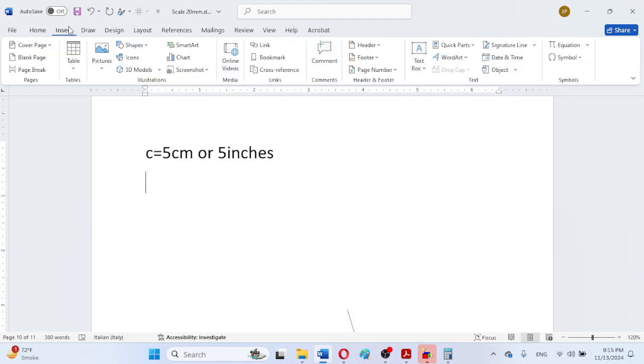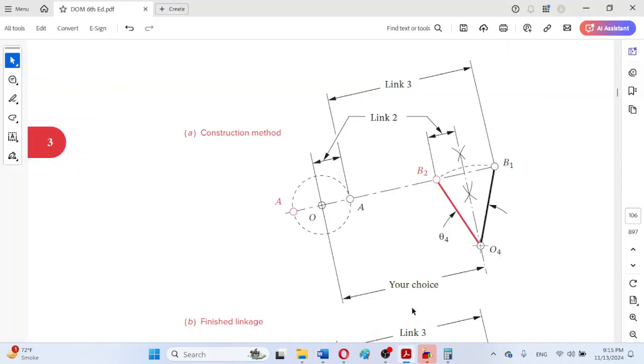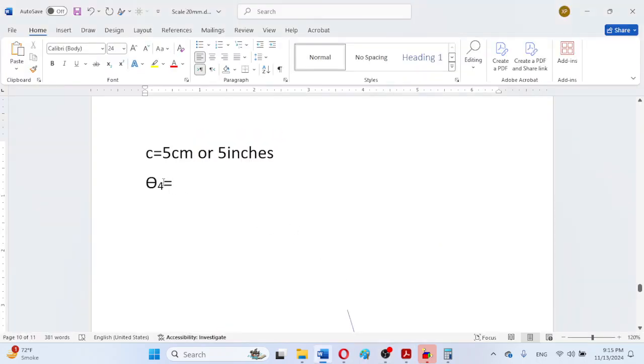So for example, we can insert symbol here, theta subscript 4, because 4 is actually the subscript or digit used for the rocker output or rocker link in this book. So the throw of the rocker means this net angle between these two extremes B1 and B2 is actually the net throw of the rocker link.